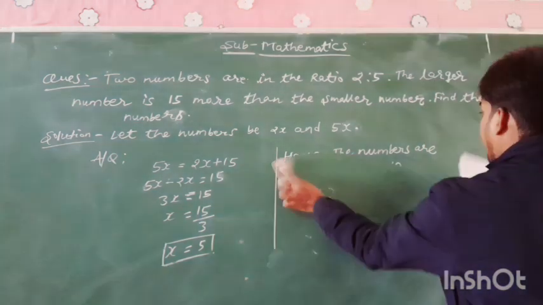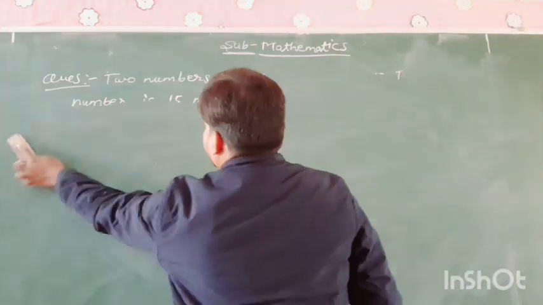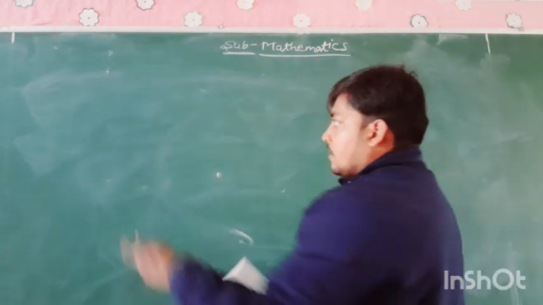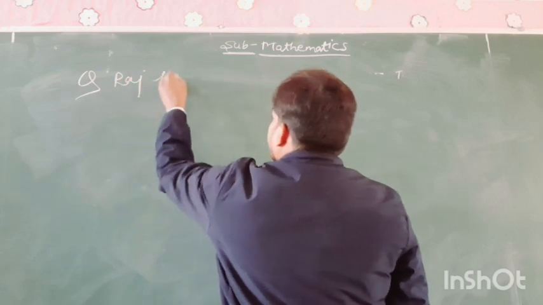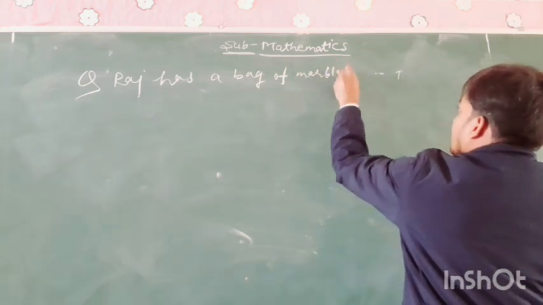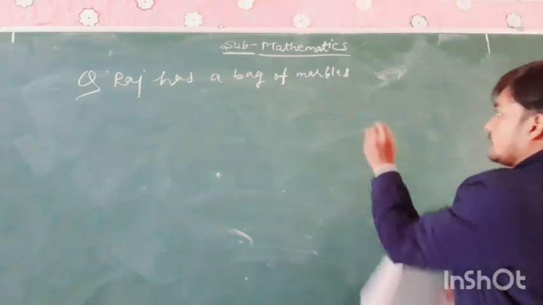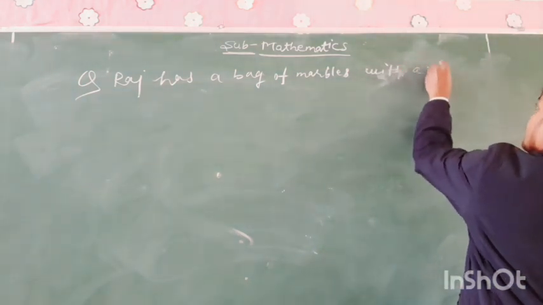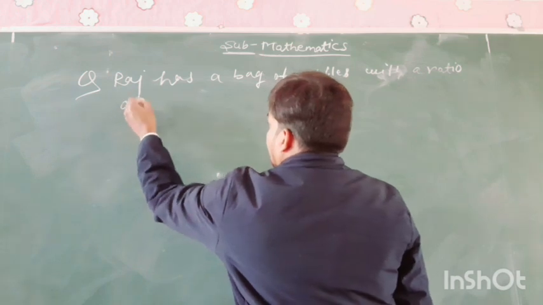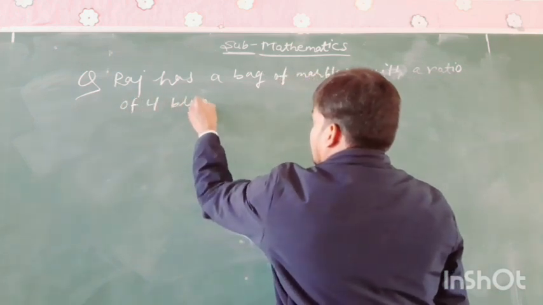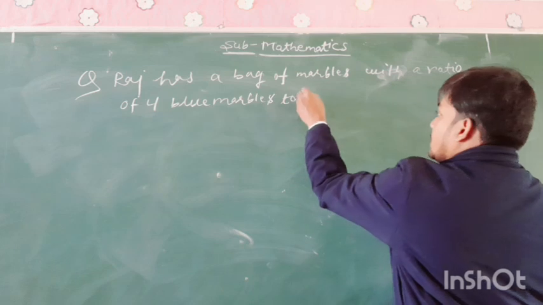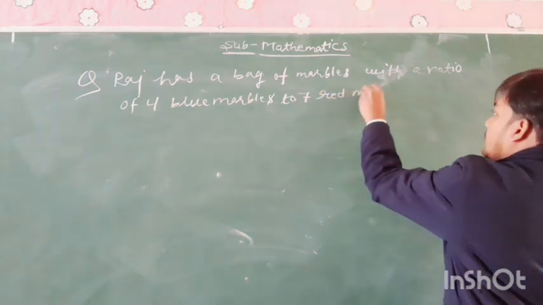Question: Raj has a bag of marbles with a ratio of 4 blue marbles to 7 red marbles.